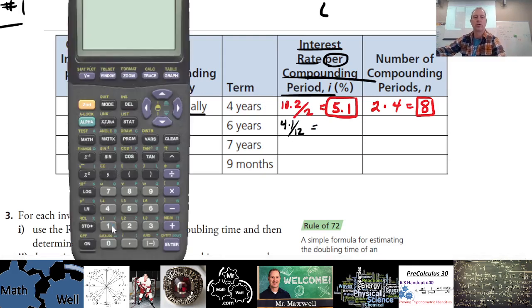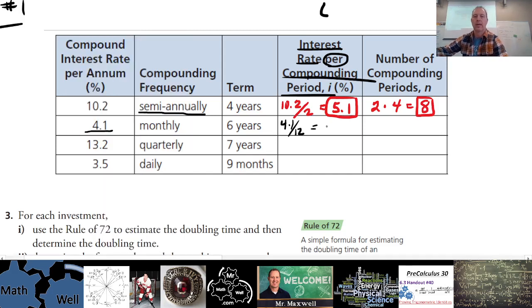It's going to be pretty close to 1/3. So let's do 4.1 divided by 12, which is 0.342, or 3.4% roughly.